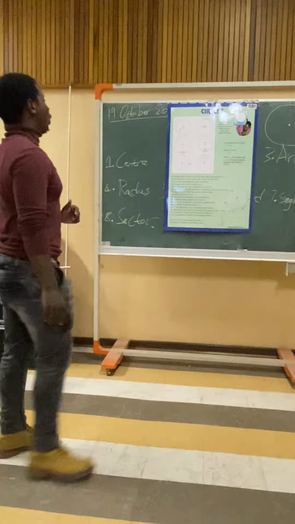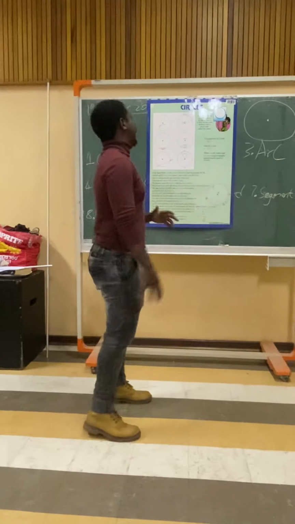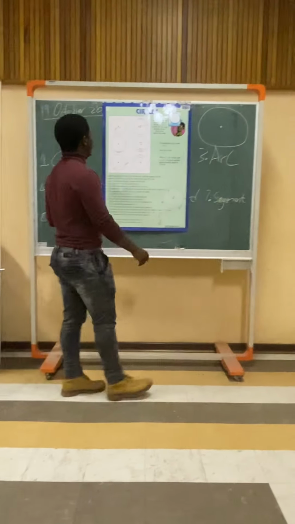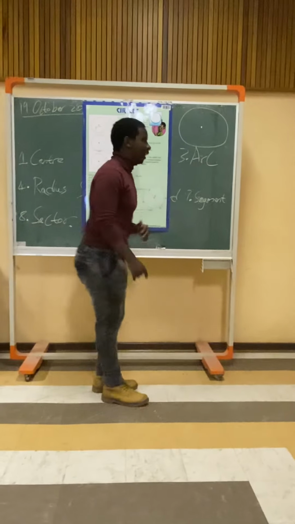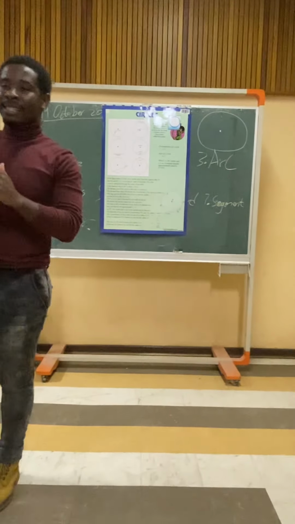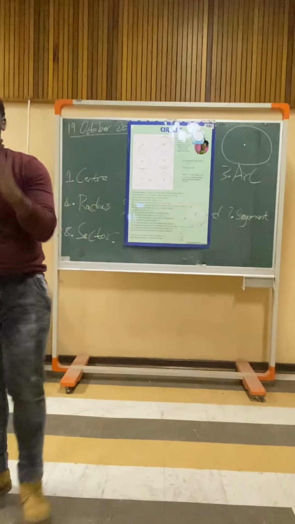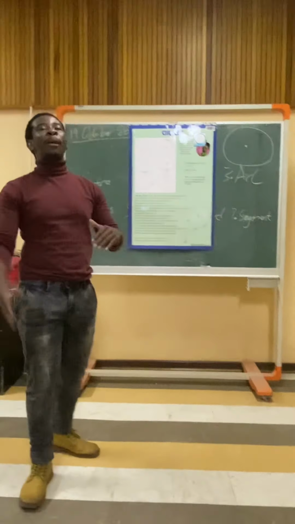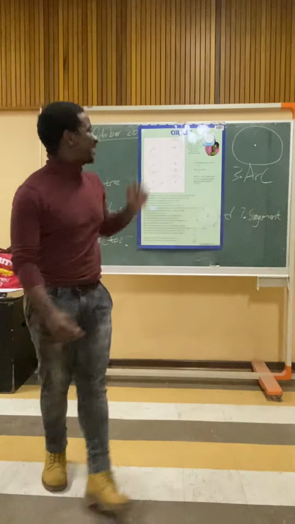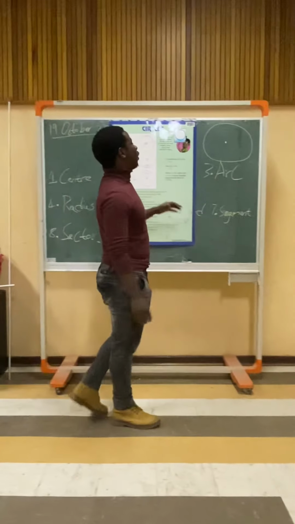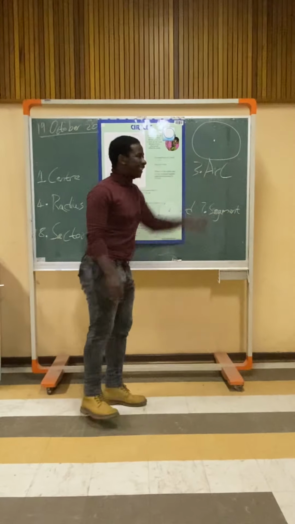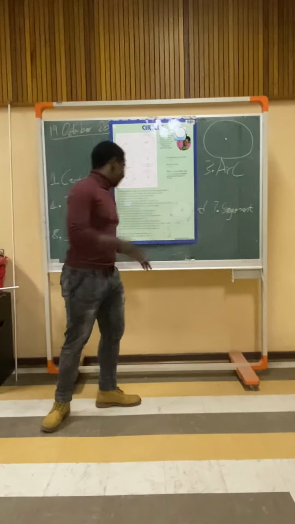Okay. Moving on, we have what we call a center. Then what is a center? The center of the circle is a point exactly in the middle of the circle.